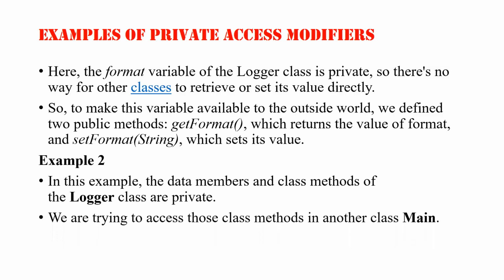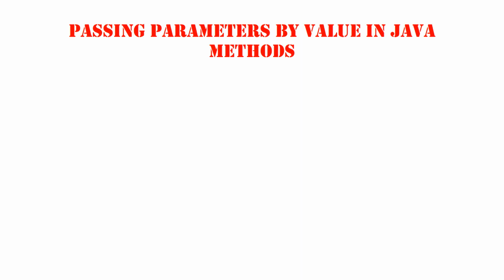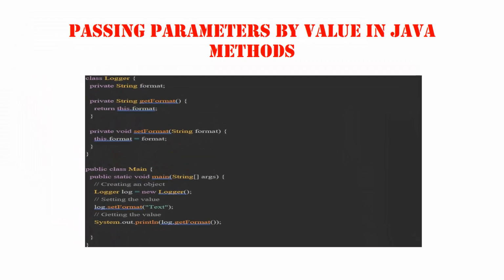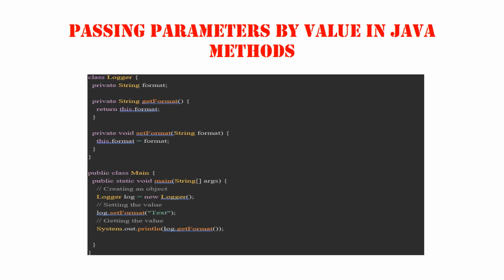The logger, it was always the private, so we have done that, and then you have passing parameters by value in Java. How do you pass the parameters by value? So you can do that. You can write that for our class called logger, so that you can be able to pass that parameters by value. So what parameter here has been passed by value?